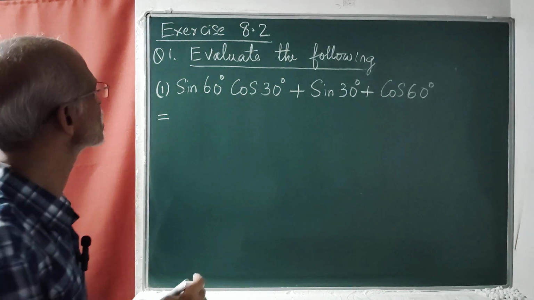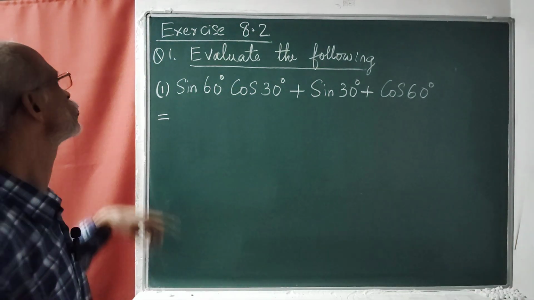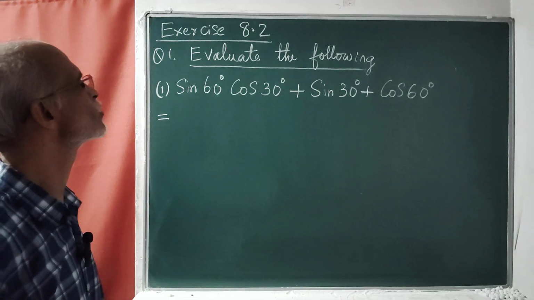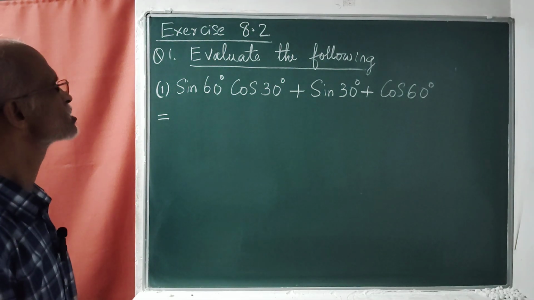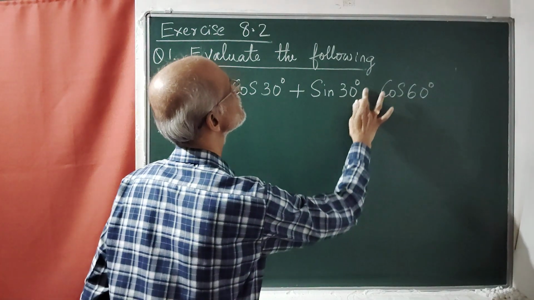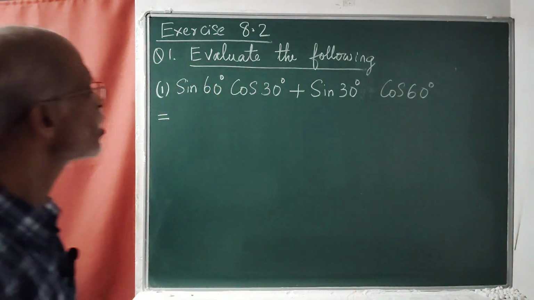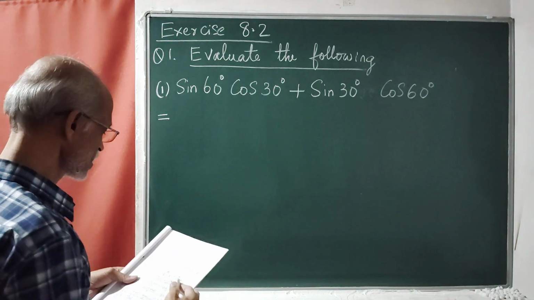Now we'll come to sums. Exercise 8.2, question 1. Evaluate the following. Sin 60 cos 30 plus sin 30 cos 60. You should find the value of this. So what is value of sin 60?